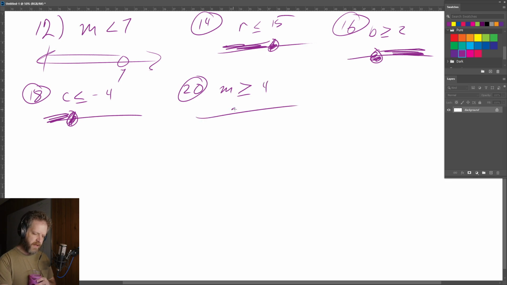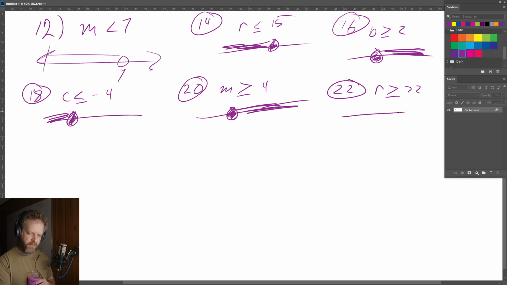It would have been a filled in circle and shaded to the right. Number 22 would have been r is greater than or equal to 22. And it would have been a filled in circle shaded to the right.